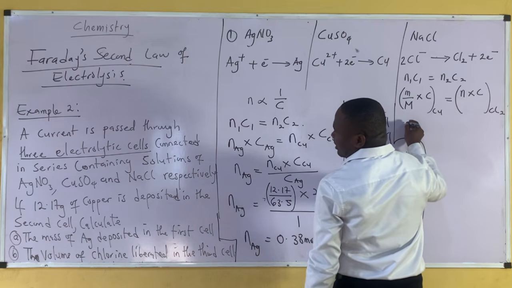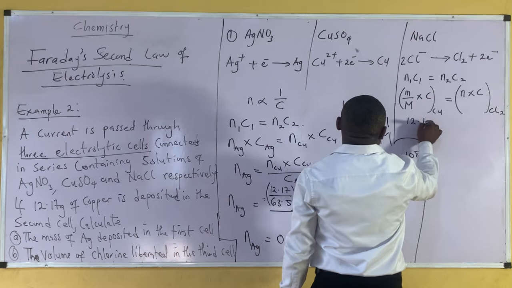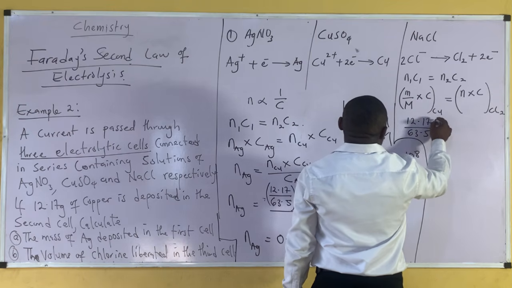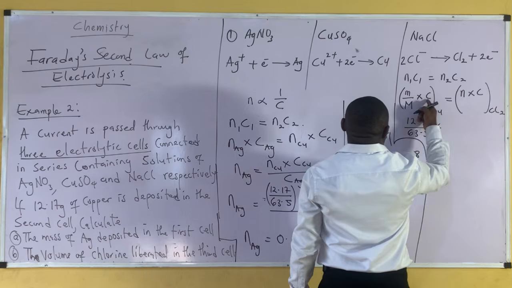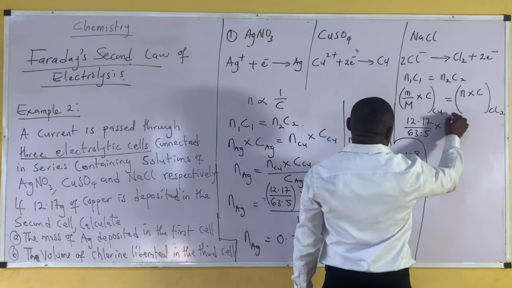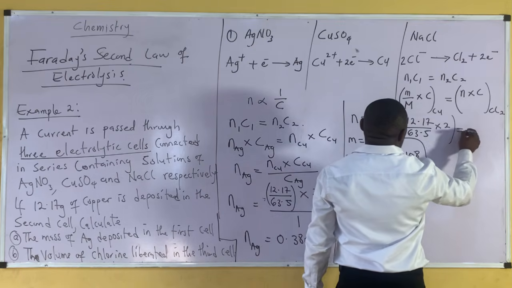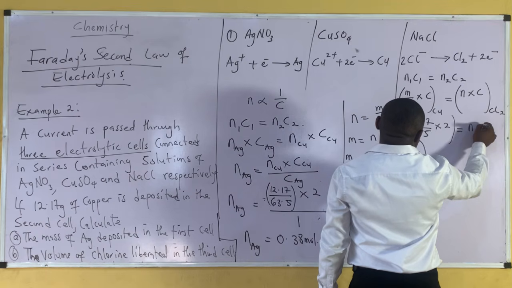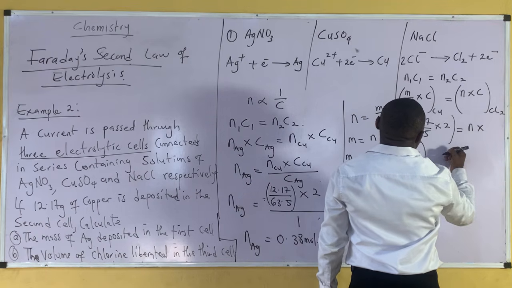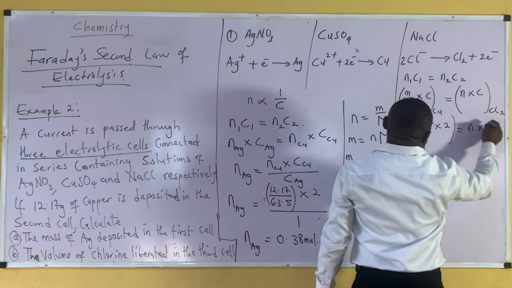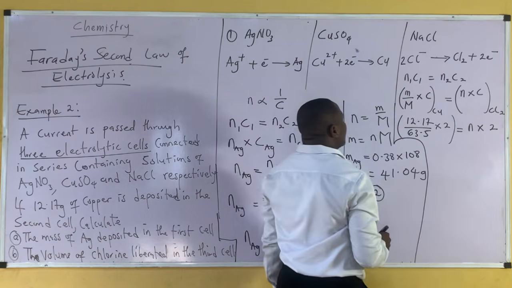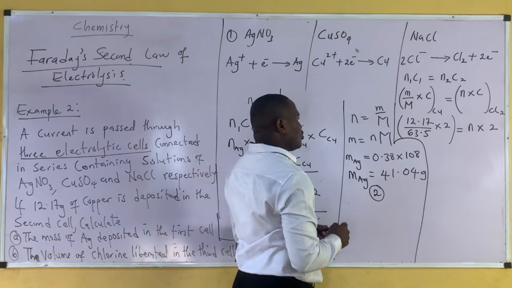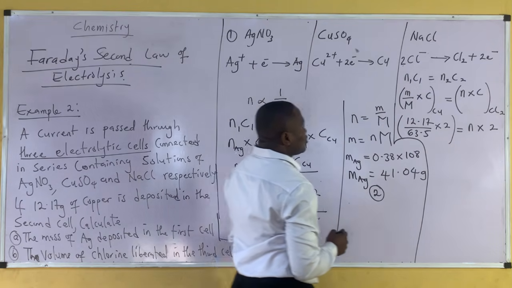It's 12.17 over 63.5, then times the charge of copper, which is 2. That is equal to the mole of chlorine, which I do not know, times the charge of chlorine. Remember, the charge of chlorine is 2, because 2 times minus 1 gives 2.